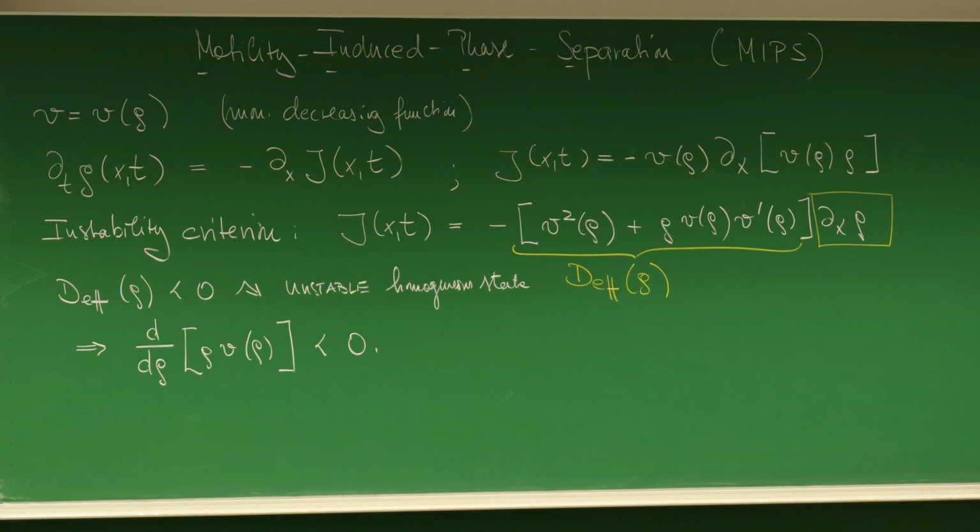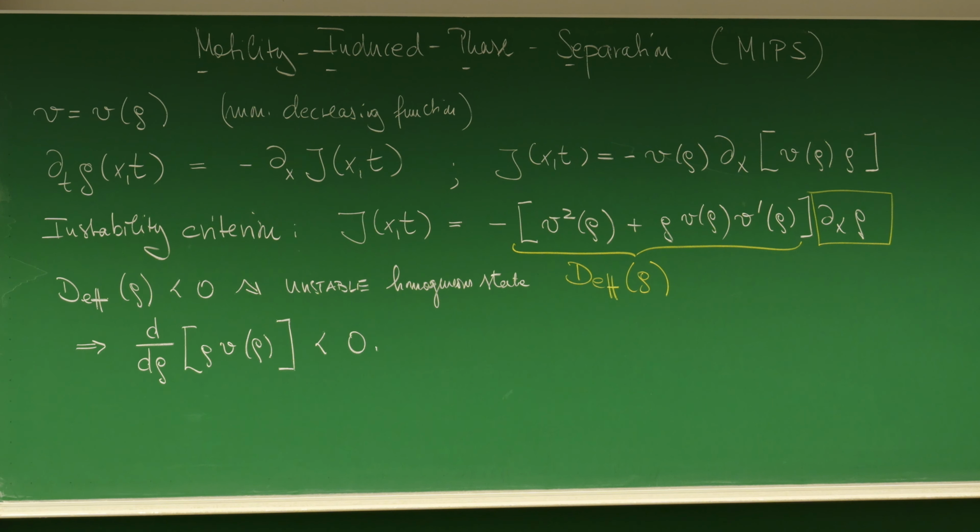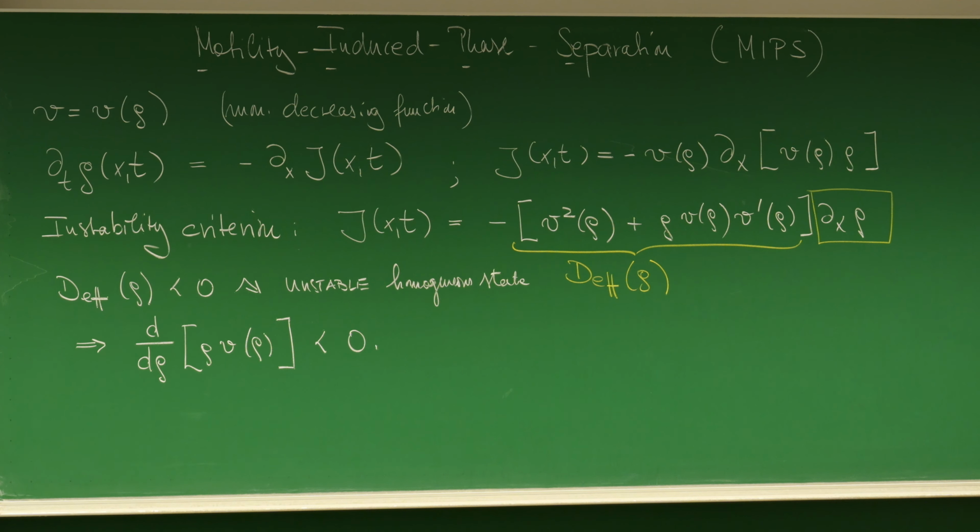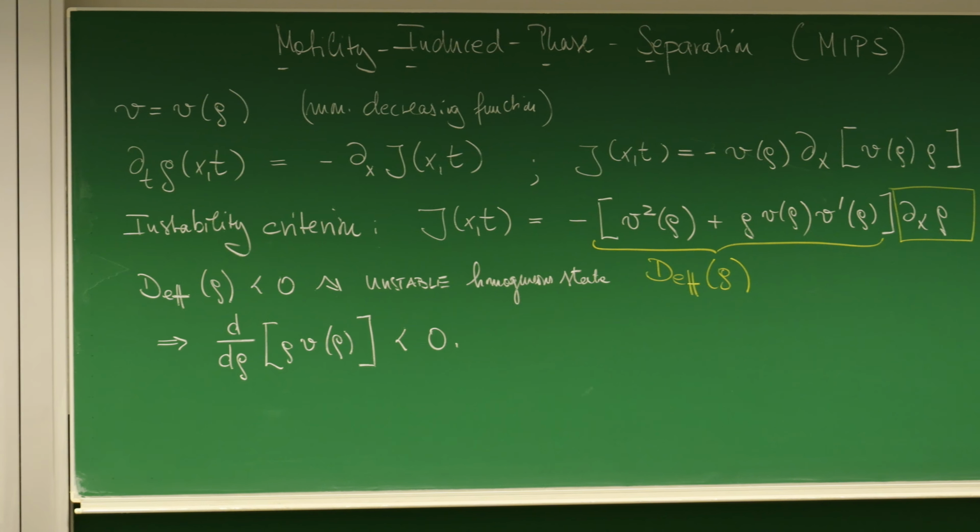Good. How else could I have obtained this result? The last time we worked on linear stability analysis, where we just assumed a homogeneous steady state, went to Fourier space, determined the eigenmodes and the eigenvectors, and that's of course completely equivalent. You can do this on your own. It's not a difficult exercise.